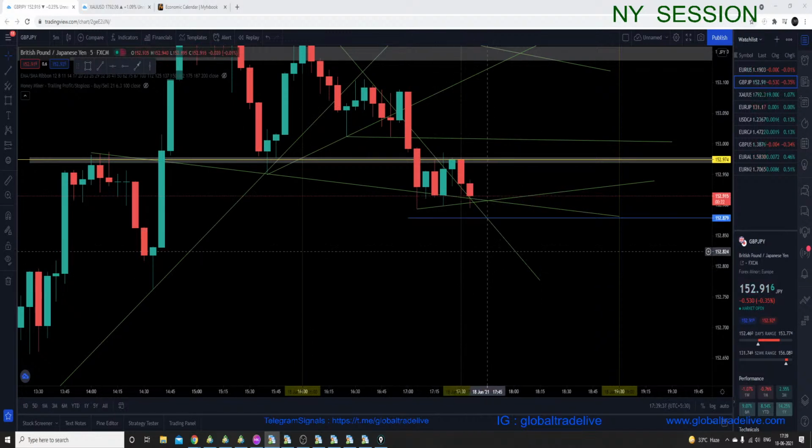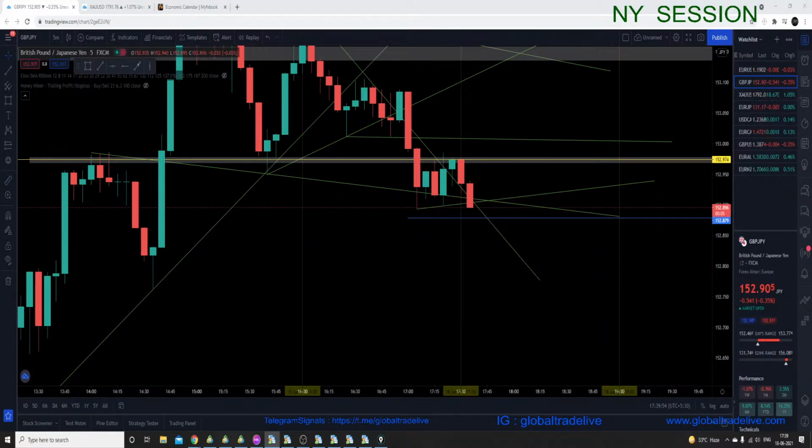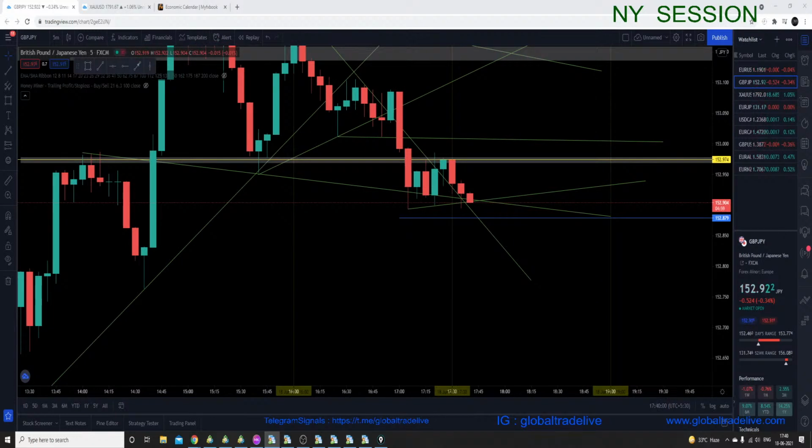If that happens, then it's good, because if it falls from this level, this will be a fake out, and we will be having an impulse move over here. 7 seconds. Yeah. Oh, it was about to close below, it just closed outside. Damn.